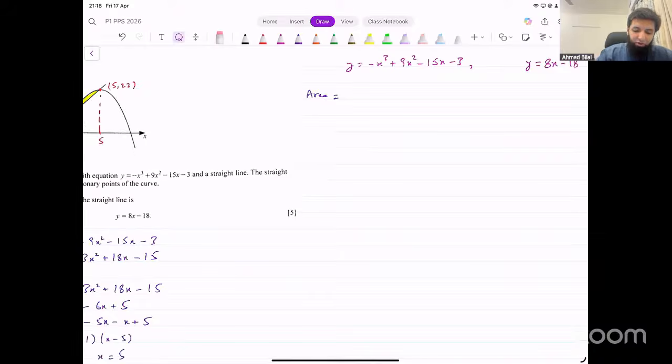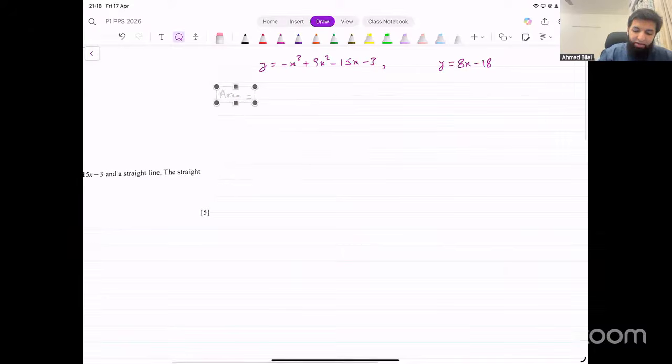We can make it slightly more efficient by first subtracting those two functions. Find the difference of those two functions first: minus x cubed plus 9x squared minus 15x minus 3 minus (8x minus 18).